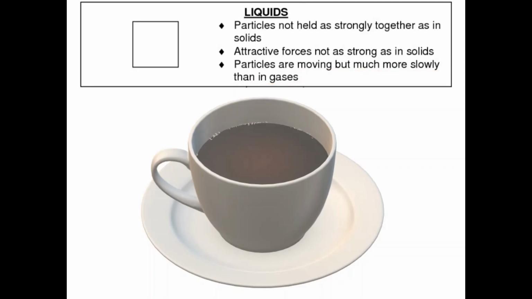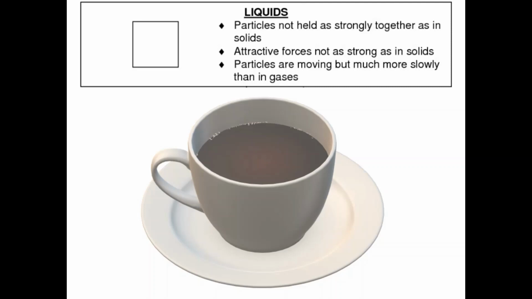So basically, the liquid in the coffee cup, the coffee, fits the description for the characteristics for liquids in states of matter. Okay, their particles are not held as strongly together as in solids, because you can pour it in and out of the cup. It's very loose.